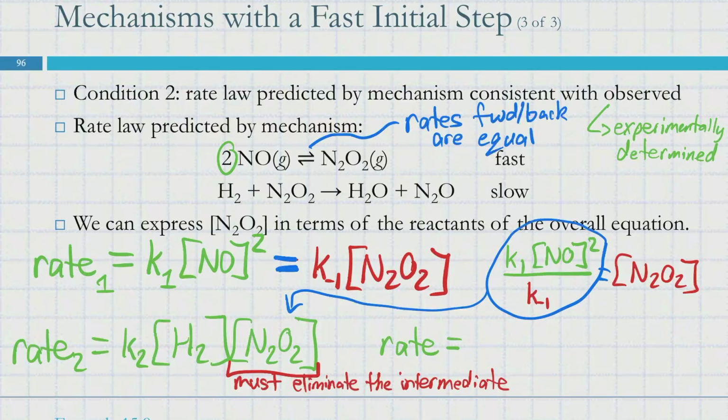So our rate equals, I'm going to lump all the K's together. So we'll have K1, K2 over K minus 1. We've got our H2, and we've still got our NO squared.